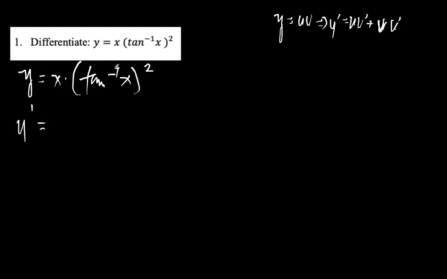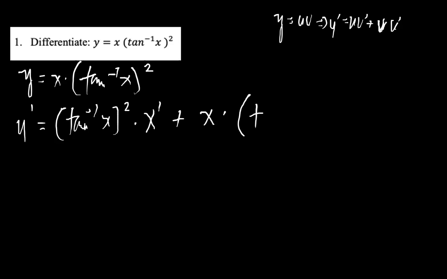So y prime is equal to, I want to do this first as the derivative, so this becomes the inverse tangent x squared times x prime plus x times the derivative of inverse tangent x squared.